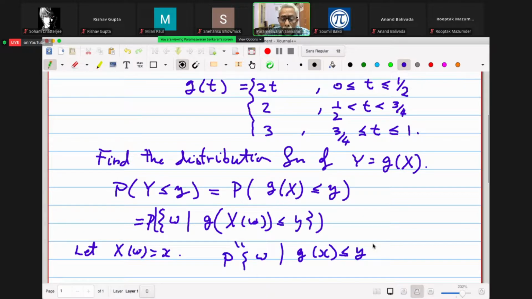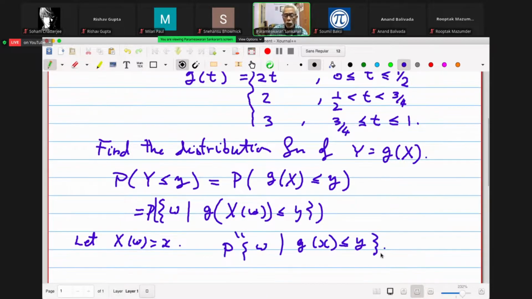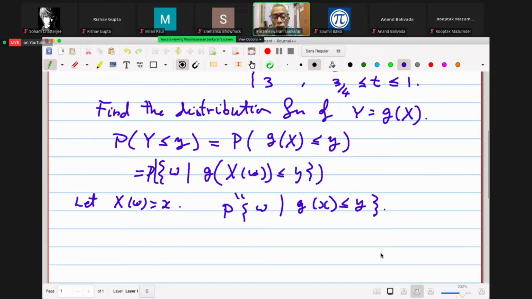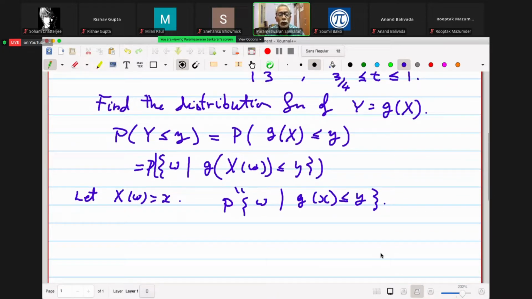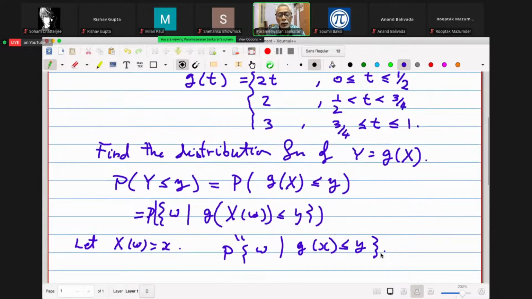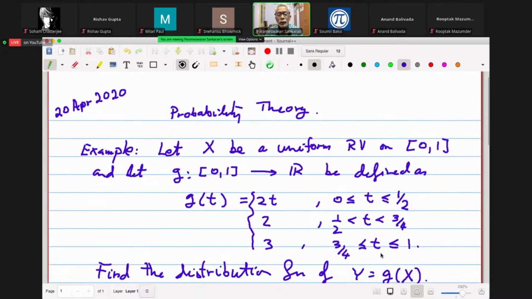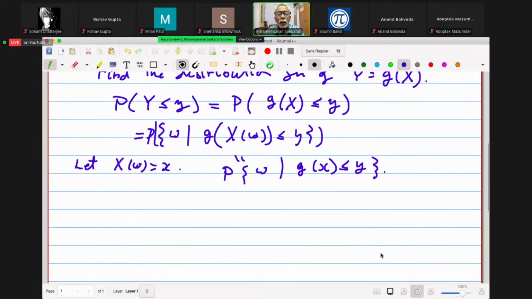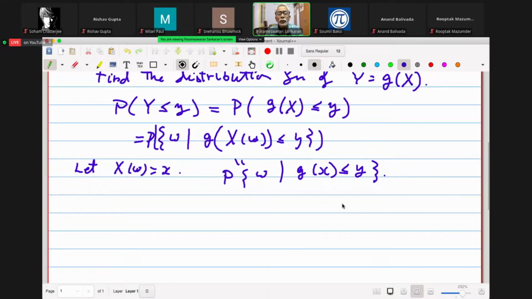Okay. And now you ask yourself, what are the permissible values for y? Y takes values in the image of the unit interval, that is, the image of g. Actually y can take any value, but what is important is that g of this must be less than or equal to y.